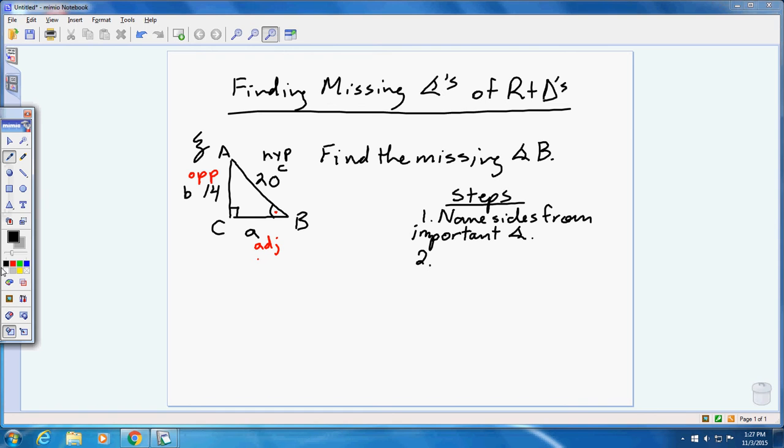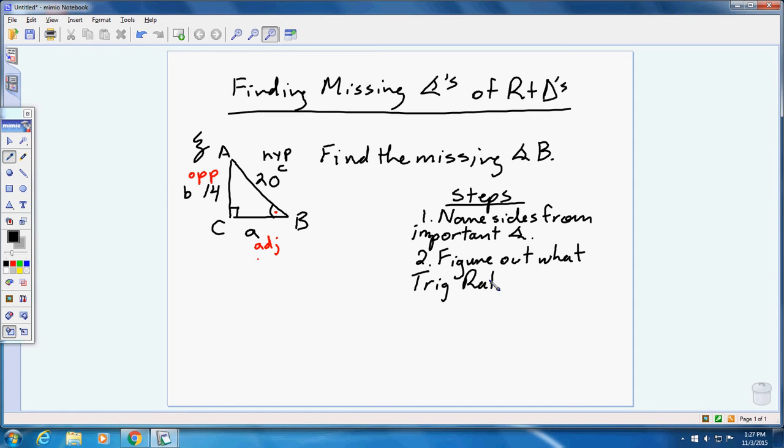Step 2, figure out what trig ratio to use. Okay, so back to grade 9. We know our trig ratios are sine equals opposite over hypotenuse.